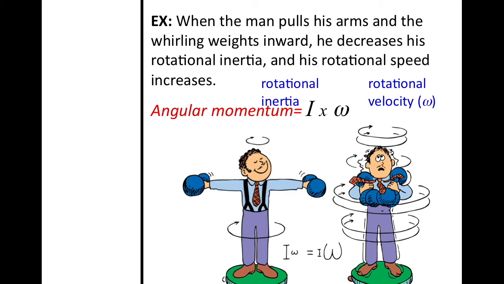Harder to move, and therefore he would have a smaller rotational velocity. He is not moving as quickly as in the second picture.